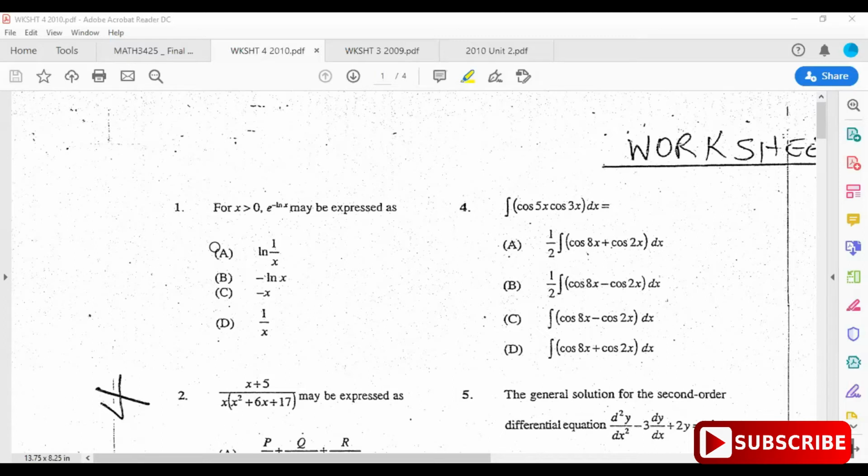That would be x or minus x. Let's see. You can always bring the minus 1 up in the power.